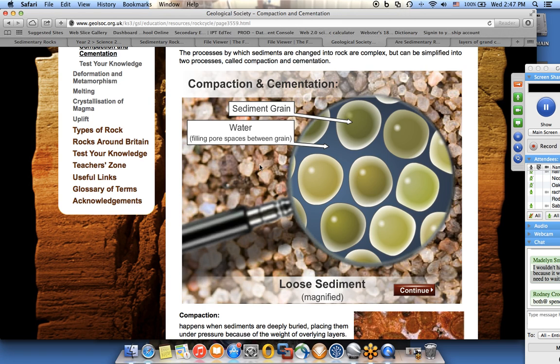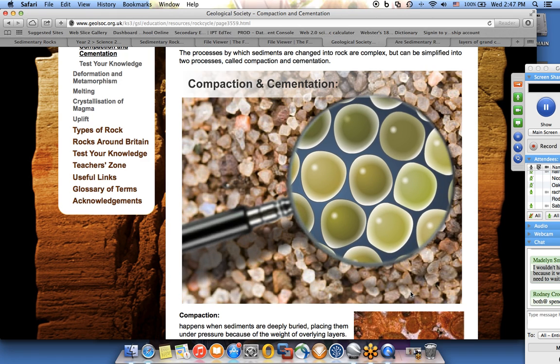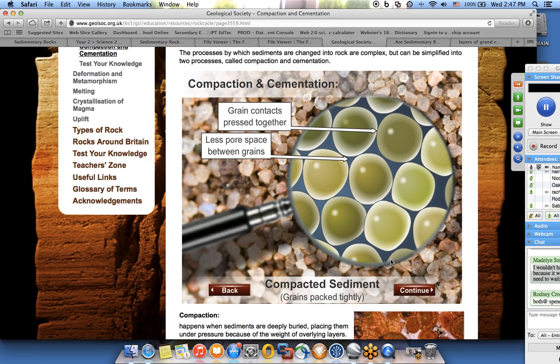In this case, this picture shows sand grains, all right? And then there's water in between, filling the pore spaces between the grains, okay? And that starts compacting with pressure, okay?